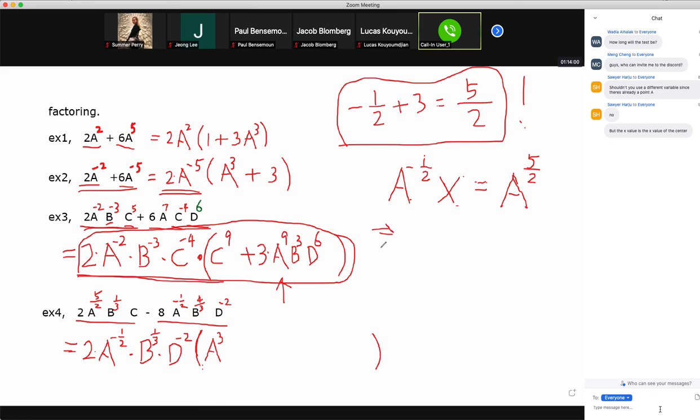From here, we multiply both sides by 8 to the ½ power. So we get 8 to the ½ power times 8 to the -½ times x. You know what, the writing is not clear. This is 8 to the -½ here, and then multiply this by 8 to the ½ power. This is equal to 8 to the 5 over 2 times 8 to the ½ power.